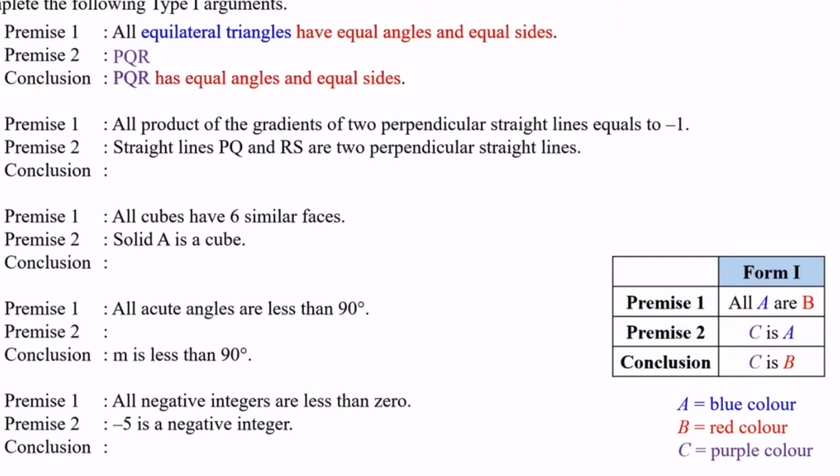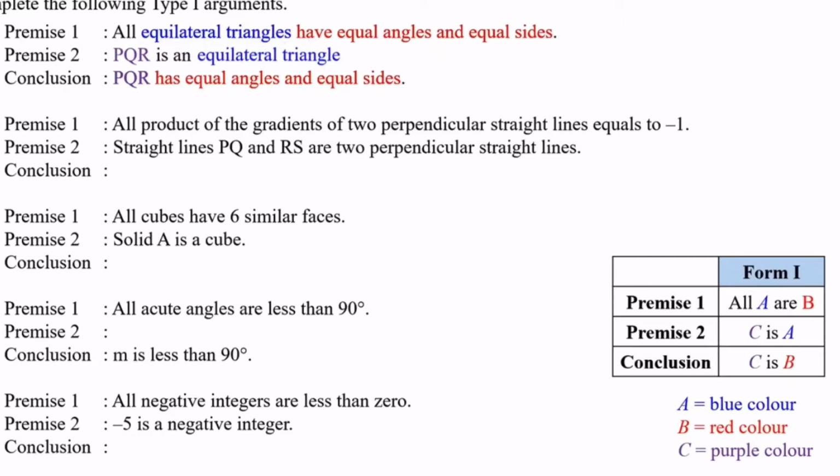Left PQR, we will copy down the PQR because PQR is the C. We will copy down the blue color, an equilateral triangle. That is the pattern of Form 1. So you just copy down the blue color to complete premise 2.